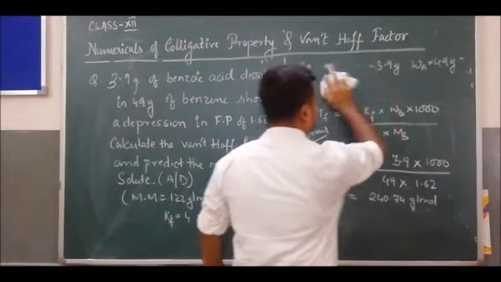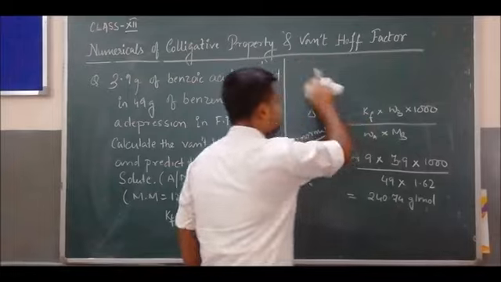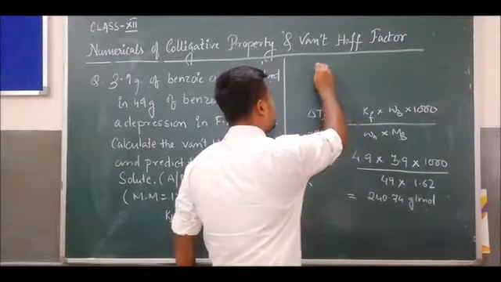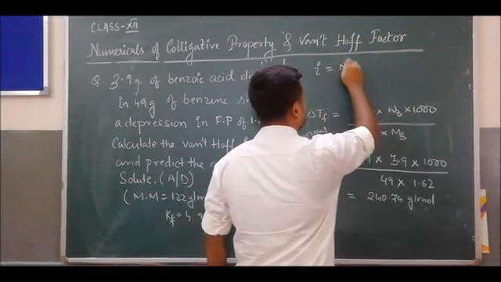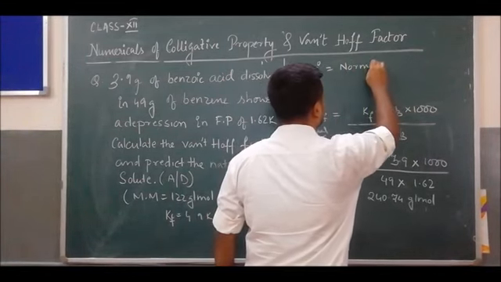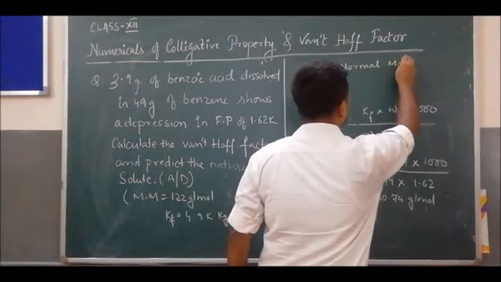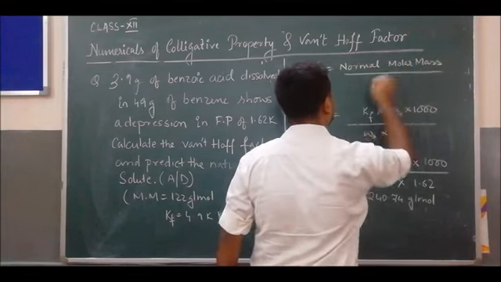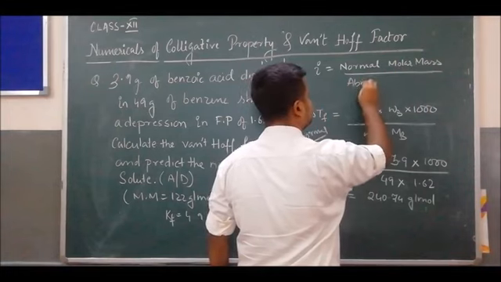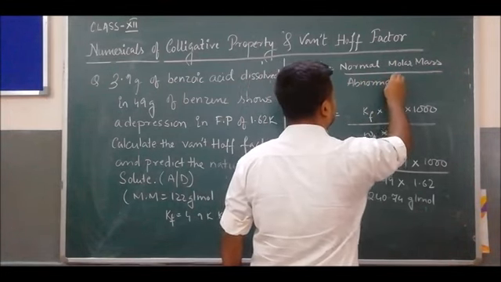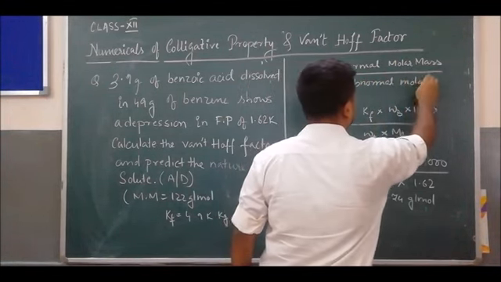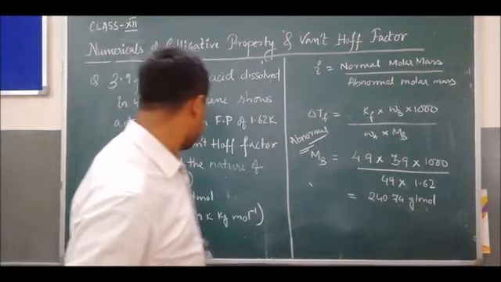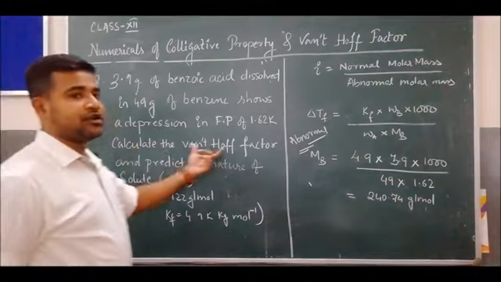Now, according to the formula of the Van 't Hoff factor, I can be written as normal molar mass by abnormal molar mass, because the question asks to calculate the Van 't Hoff factor.